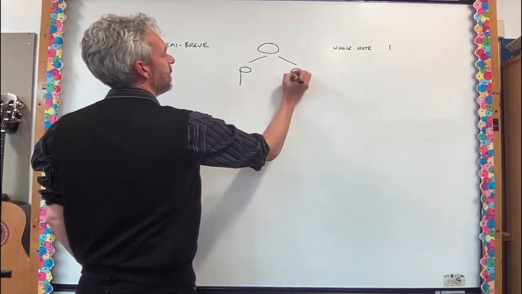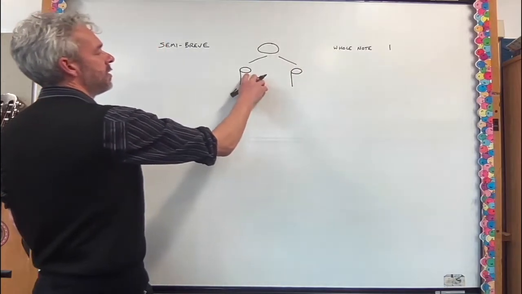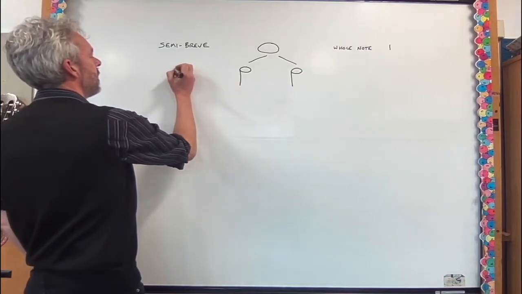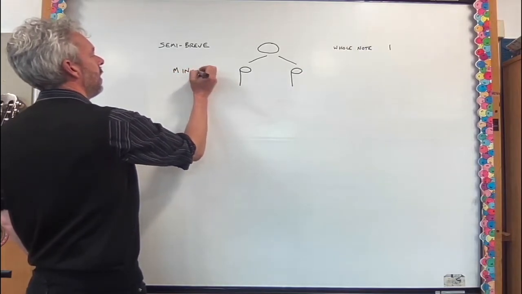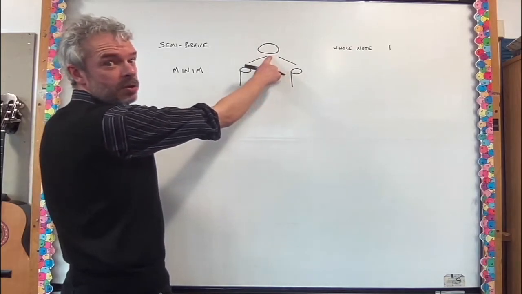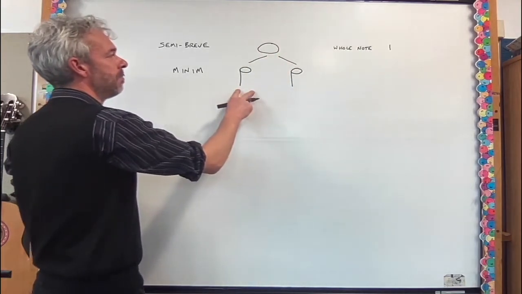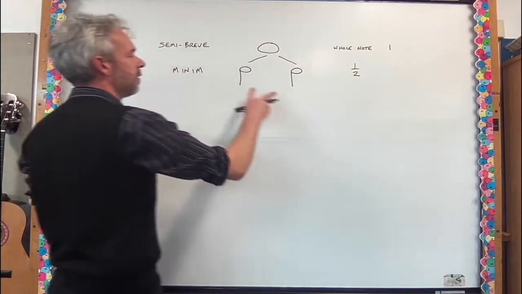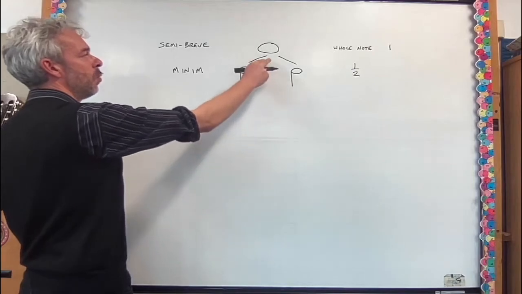We call these minims. So it's an empty note head with the stem, and that's M, I, N, I, M. So if the semi-breve is a whole note, the minim is a half note. So it takes 2 minims to make up 1 semi-breve.